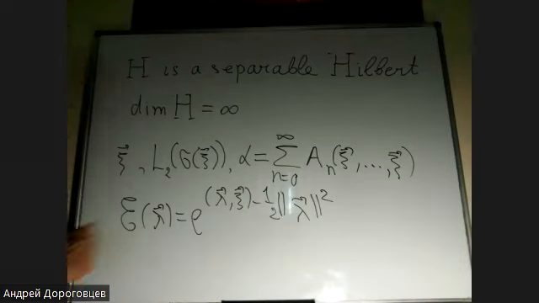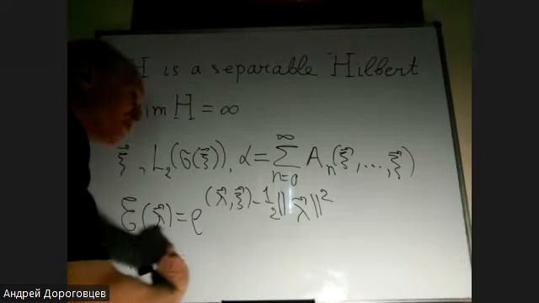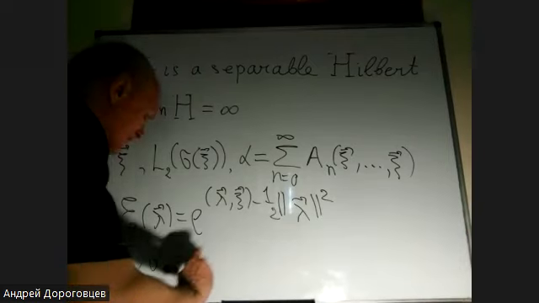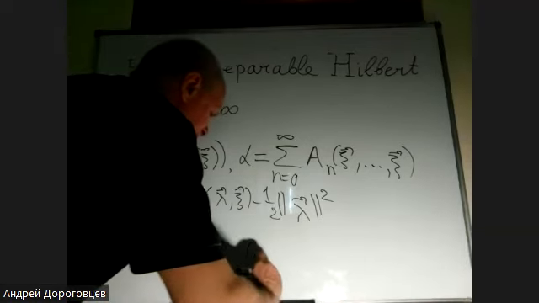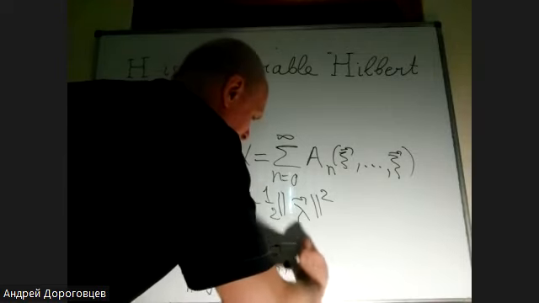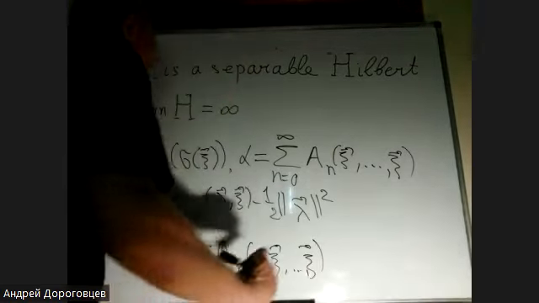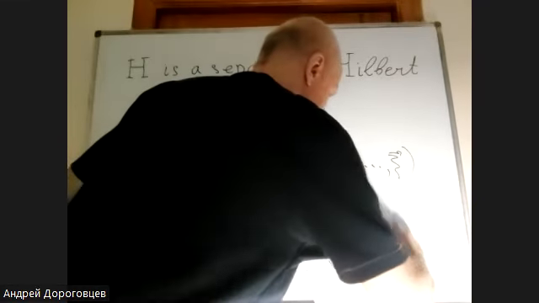We discussed the stochastic derivative, of alpha equals the sum from n equals 0 to infinity of a_n times the derivative of H_n at xi. And we discussed the operator which is the adjoint of the stochastic derivative.